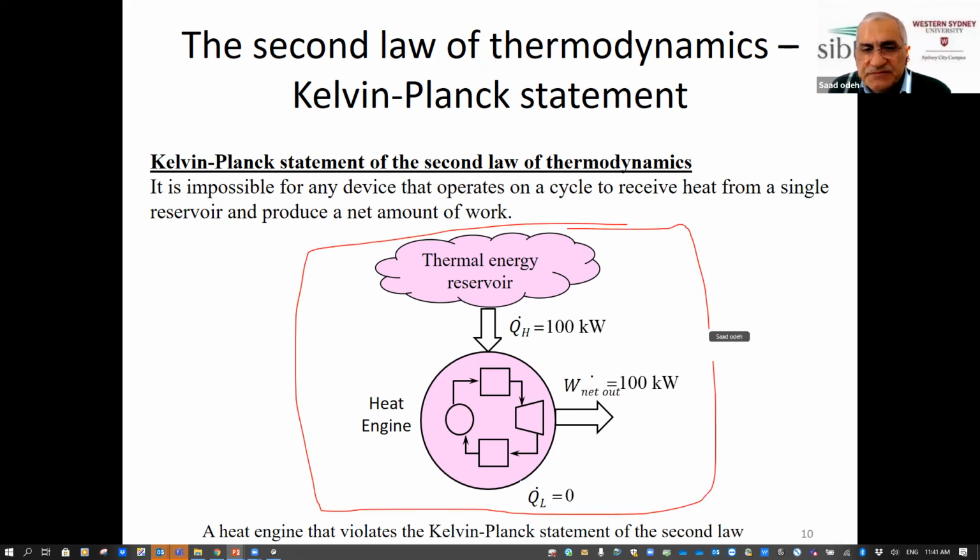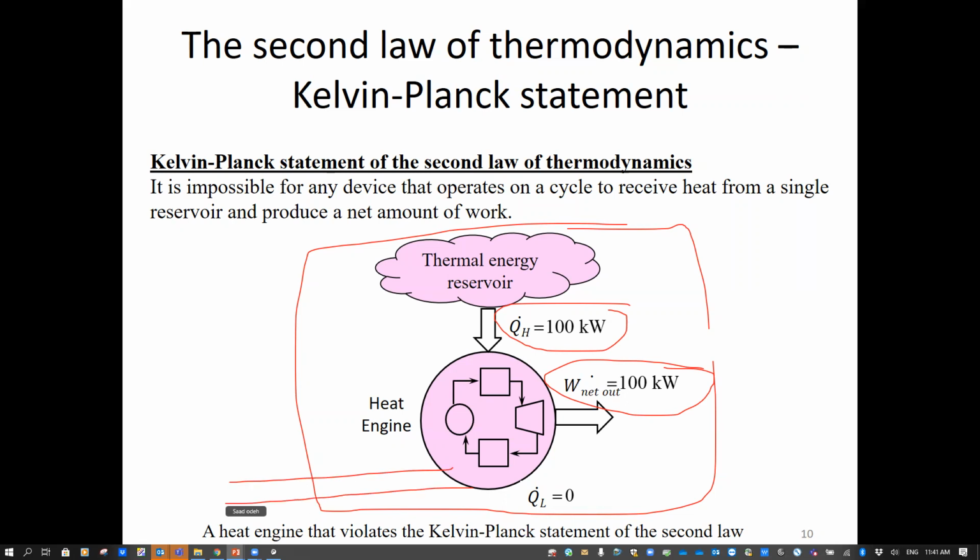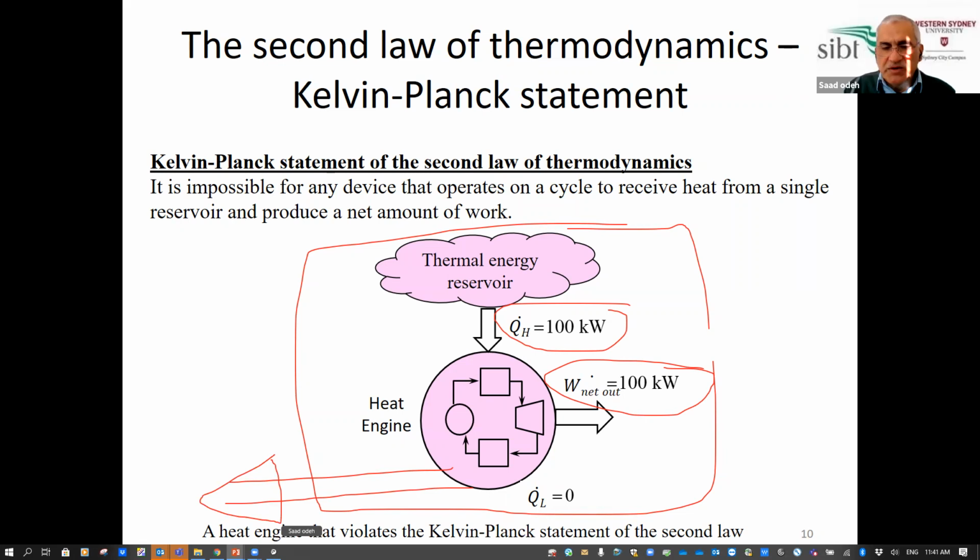Why is it impossible? Abdulaziz, why is it possible to provide 100 kilowatt and produce 100 kilowatt? Something missing here in the drawing. Sorry, sir, what's your question? Why is this drawing impossible to apply in real life? Something missing here. Yeah, sir, there may be a release of some heat energy.